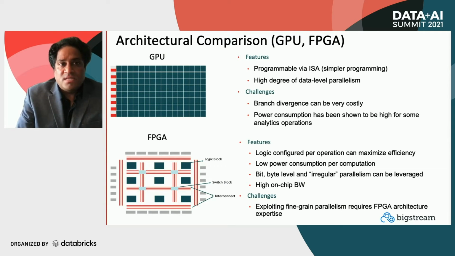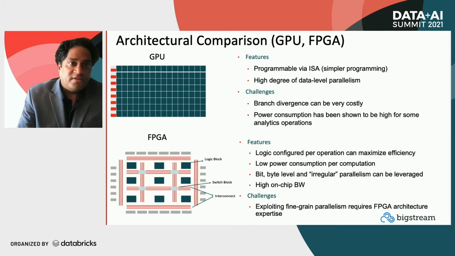Looking at the top picture of the GPU, you can think of it as a number of capable compute lanes populated by basically CPUs that are more specialized. They have a reduced set of operations that they support, but they're very, very efficient. And you have a very high number of them packed onto this hardware platform.